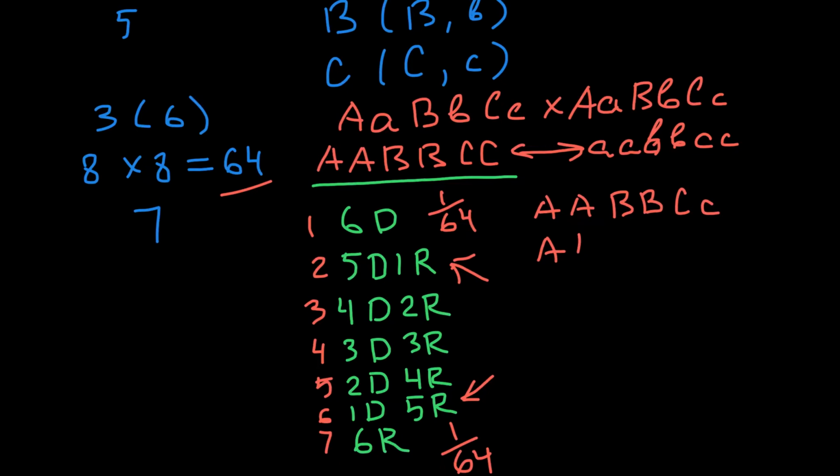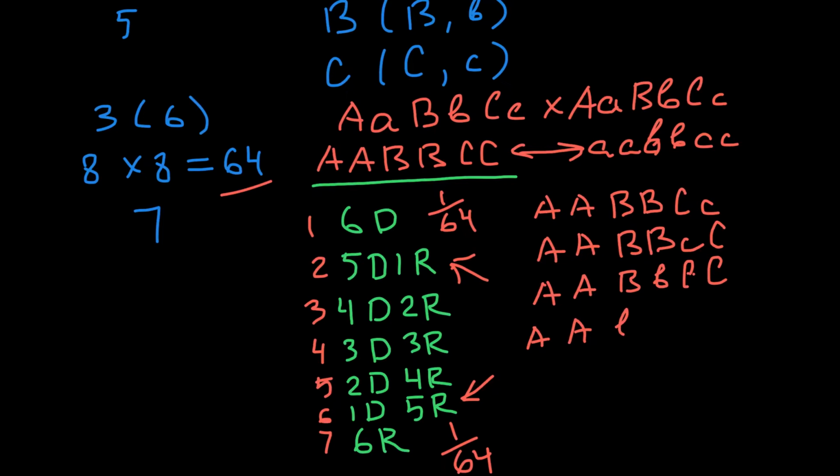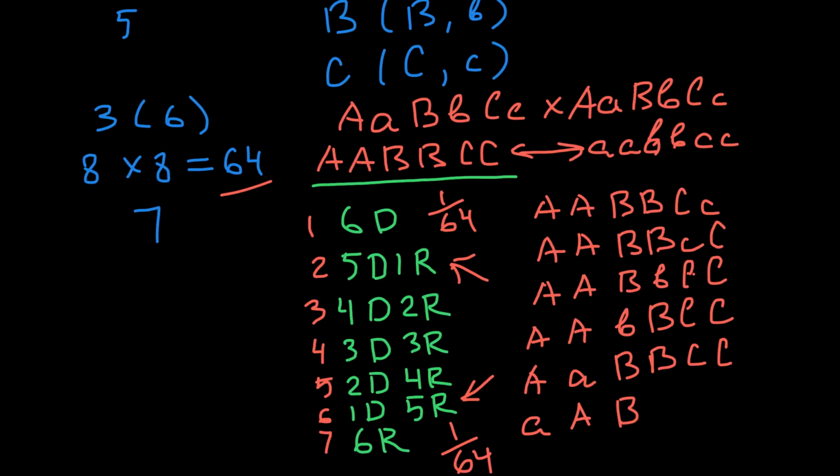Another variant would be capital A, capital A, capital B, and small c, capital C. Another variant would be capital A, capital B, small b, and capital C, capital C. Capital A, small b, capital B, capital C, capital C. Capital A, small a, capital B, capital C, capital C. And the last variant, small a, capital B, capital C, capital C. So with one allele that is recessive and 5 dominant, total number of alleles 6, we also would have 6 variants. 1, 2, 3, 4, 5, 6 variants.